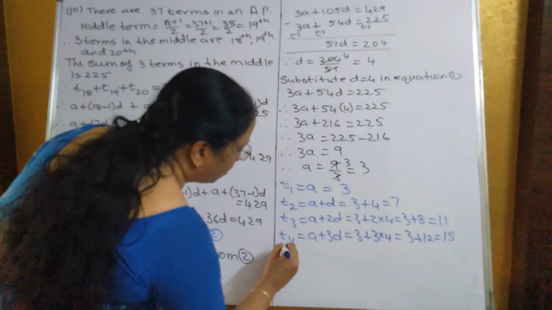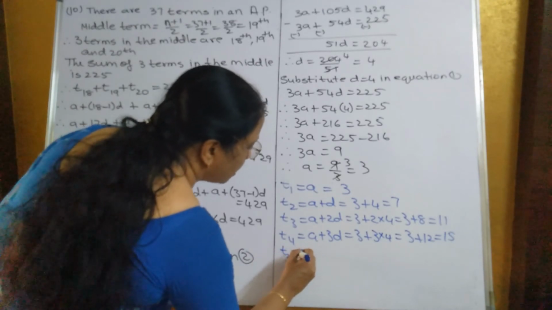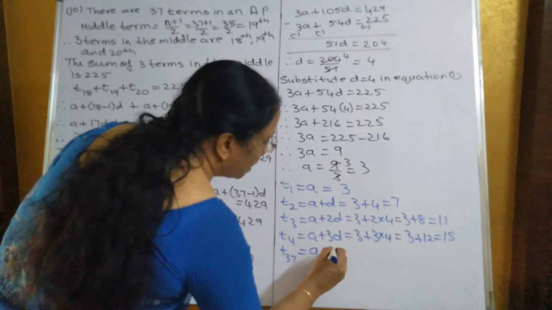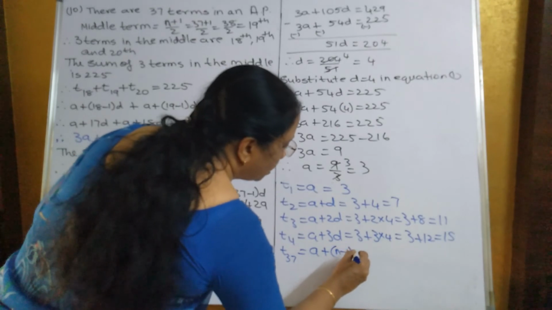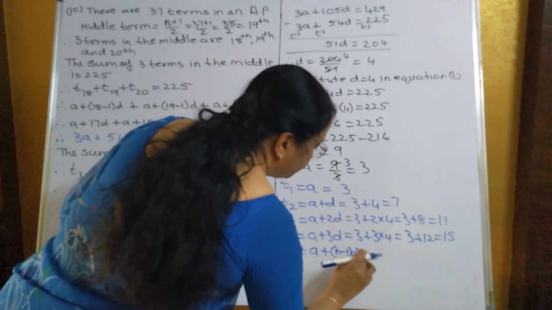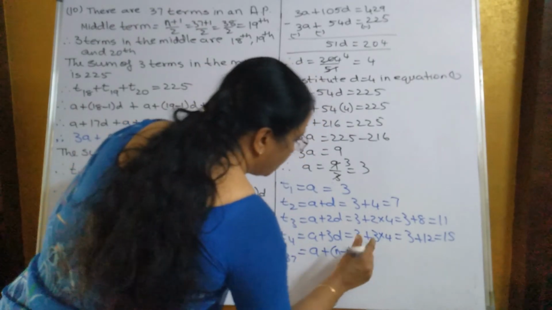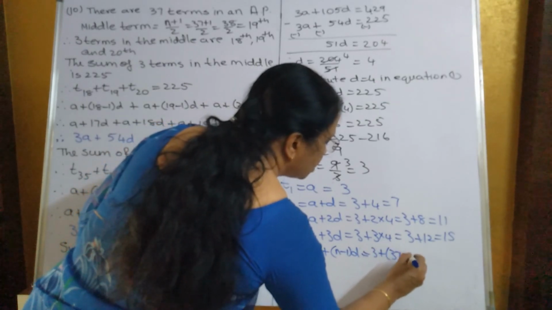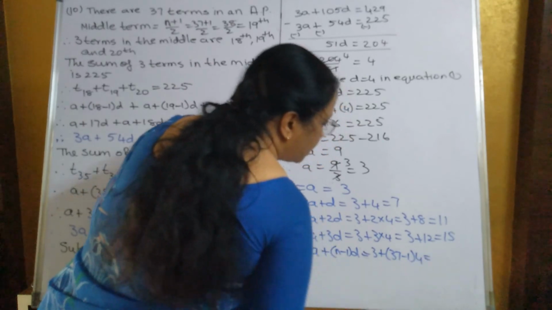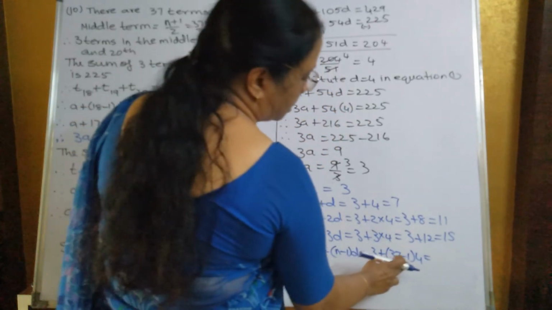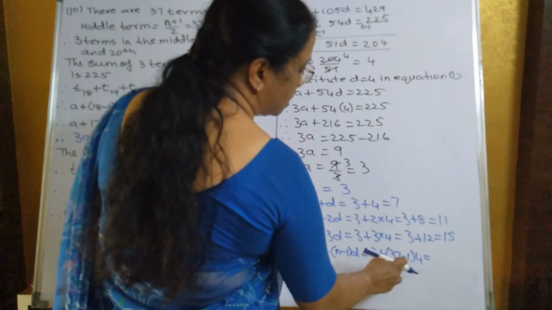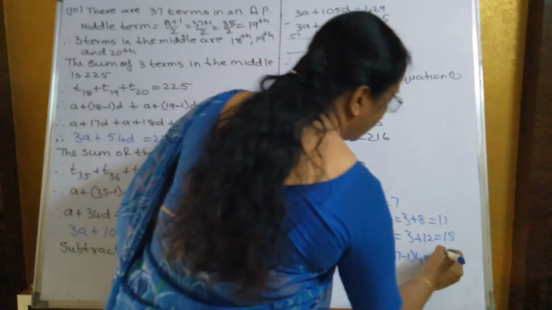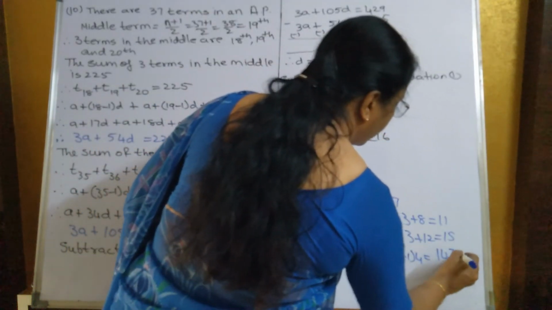Similarly, you can find out the last term also, 37. T37 is A plus n minus 1 into D, that is equal to 3 plus 37 minus 1 into 4. If you subtract 37 minus 1, you will get 36. 36 into 4 plus 3, you will get 147.